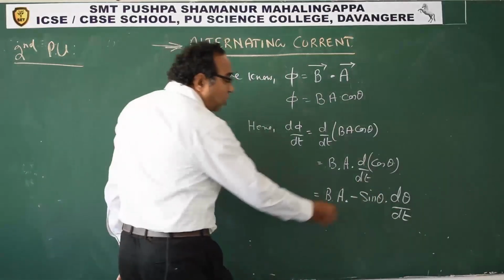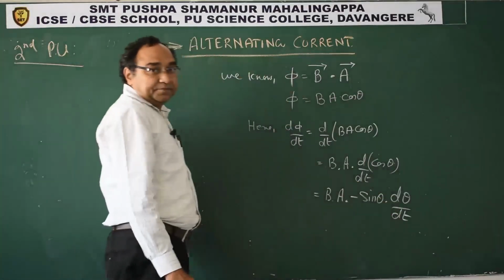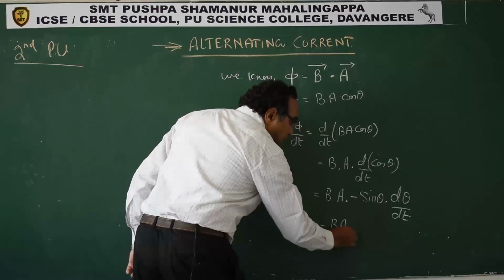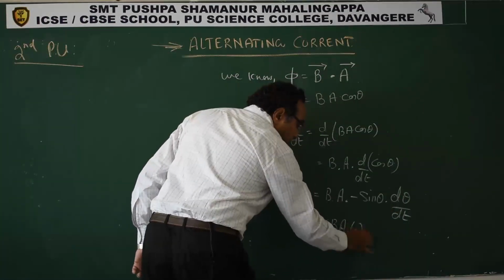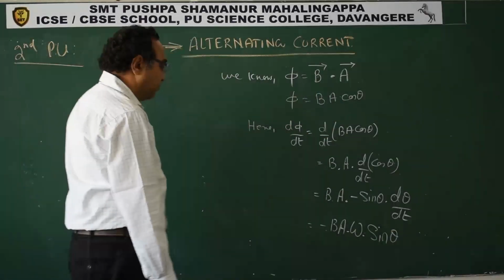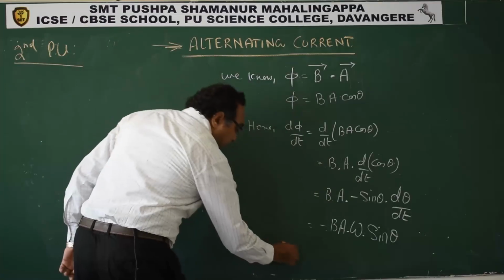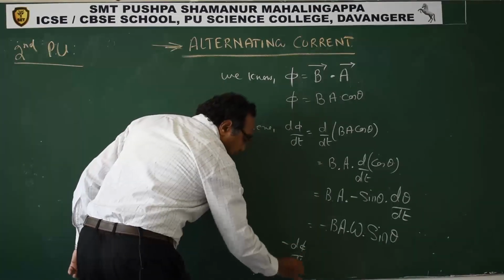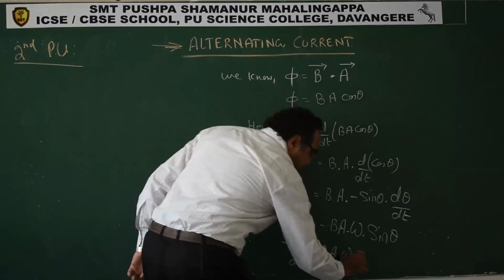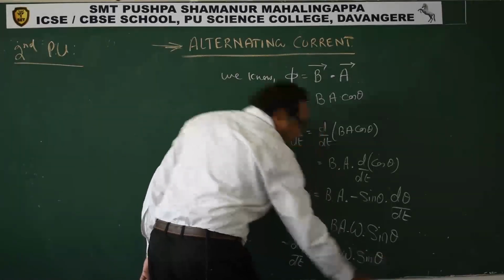Now what is d theta by dt? D theta by dt is angular velocity, so omega, and we can write here sin theta. Now minus d phi by dt we can write as B A omega sin theta.